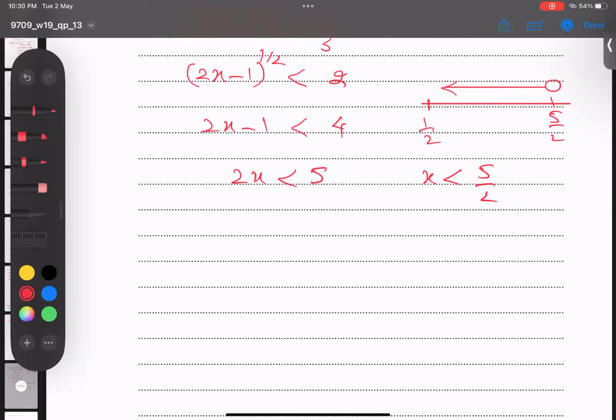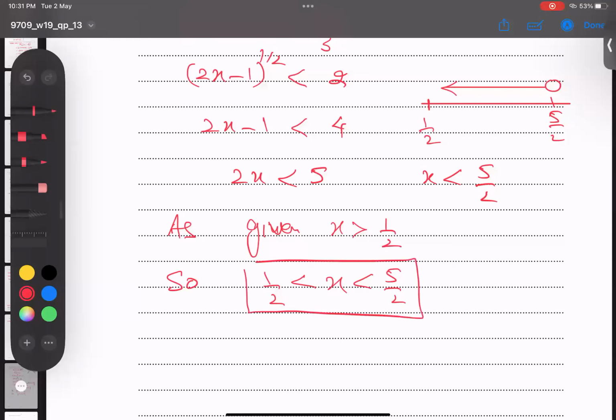As given, x is bigger than half, so the answer turns out to be x is less than 5 by 2, but bigger than half. Some students in a hurry give only the first answer, they don't focus on what the question is. Alhamdulillah, I hope the point is clear.